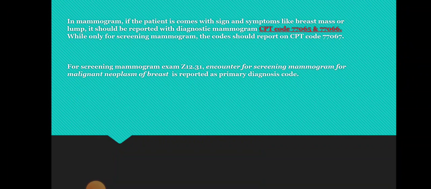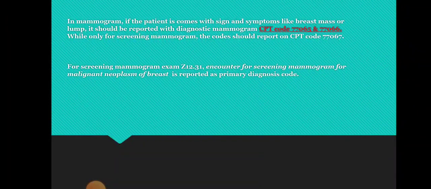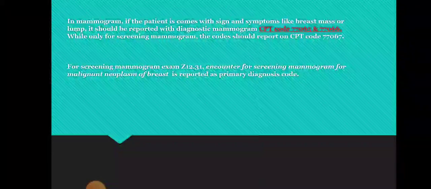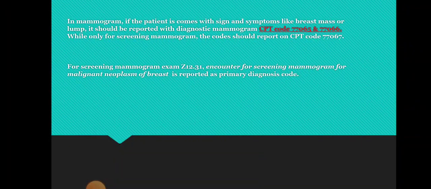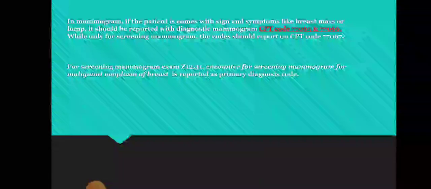For payers like Medicare, we have to code this as primary, because if they don't find this code with CPT code 77067, they will deny the claim. They will not pay, because if the CPT is not supporting the diagnosis, or the diagnosis is not supporting the CPT procedure code, then it will automatically get denied in billing. So you have to check the ICD and the CPT, whether both are supporting each other or not.